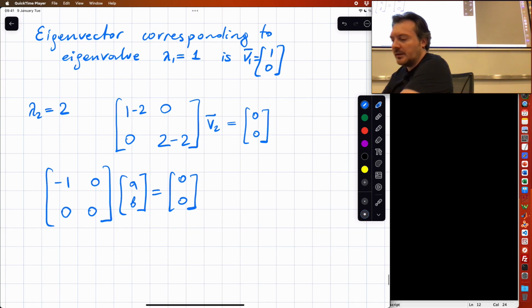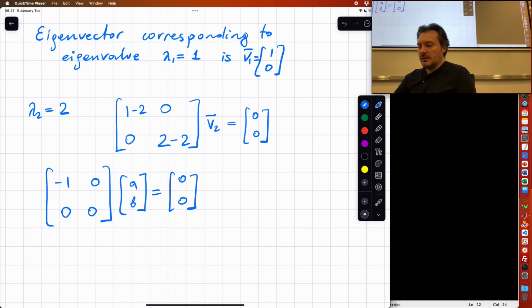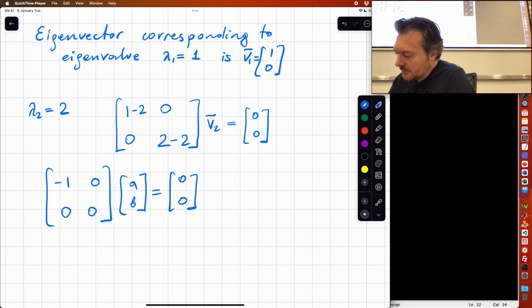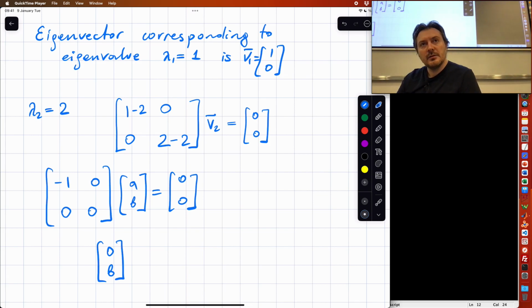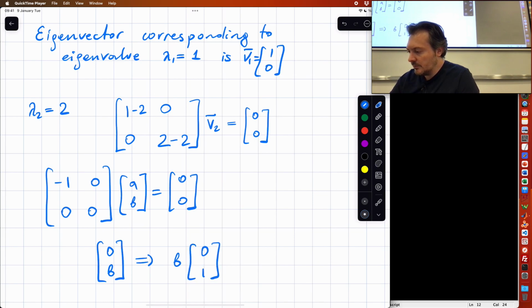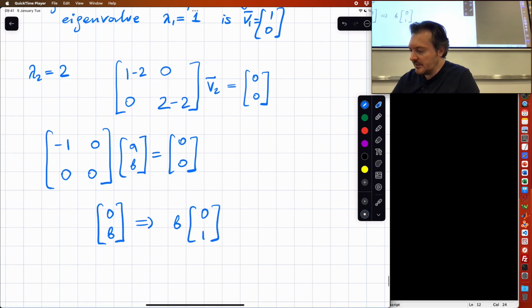So it tells us that A has to be 0, right? A has to be 0. We don't know anything about B. So it's something like this, 0B. Okay? And as I mentioned earlier, you can actually take this coefficient out and basically write that for lambda 2 equals 2, the V2 is 0, 1.